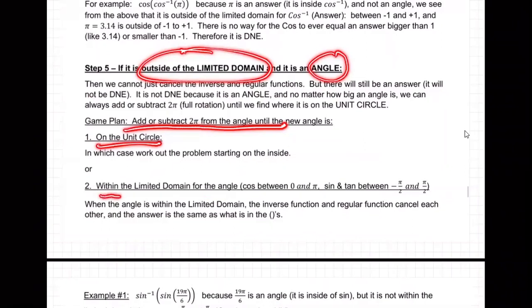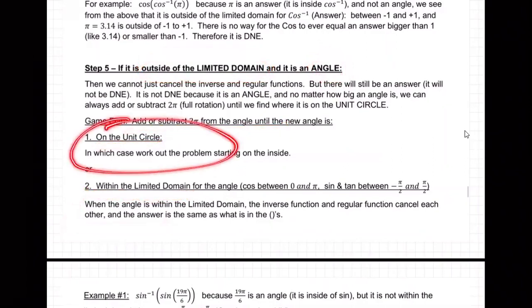Negative 3 pi over 4 is not originally on the unit circle. Or does it suddenly appear back in the limited domain? If it goes back in the limited domain, that's the easiest case of all. You just cancel out the 2 functions, right? Once you're back in the limited domain, that's nice.